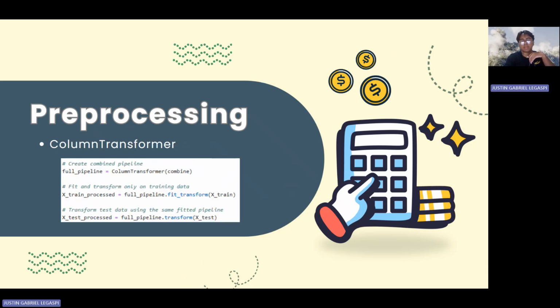Lastly, we have the column transformer. This is a powerful tool that automates this workflow. It applies the transformations to the right columns, saving us from manual errors and ensuring consistency. This is also where our main train and test data is going to come from, X-train process and X-test process.